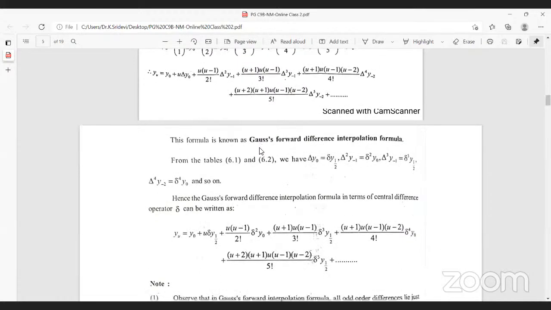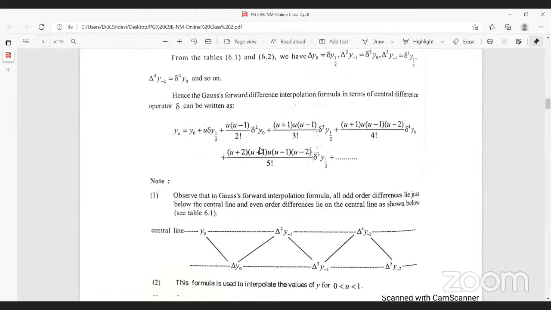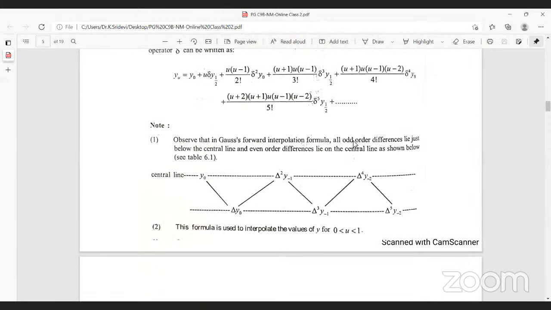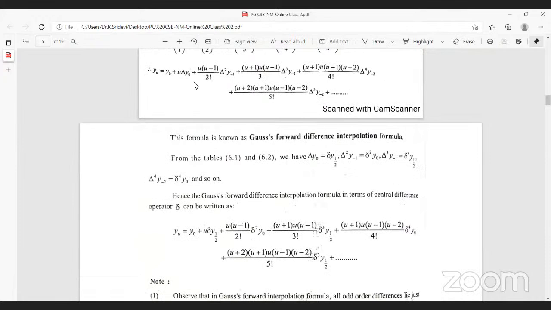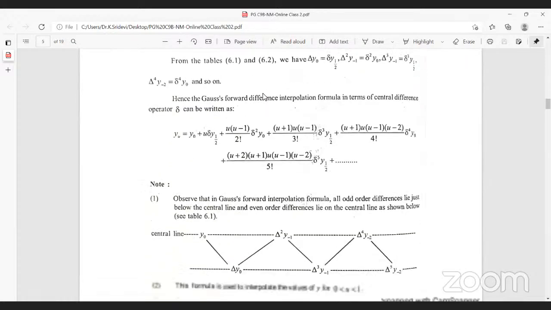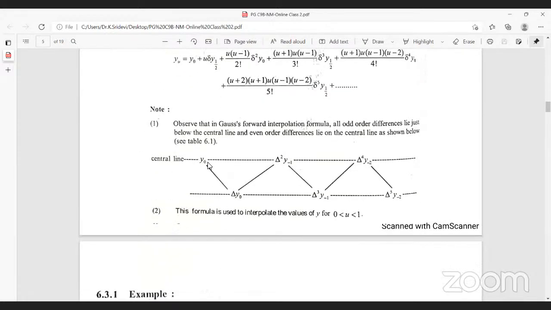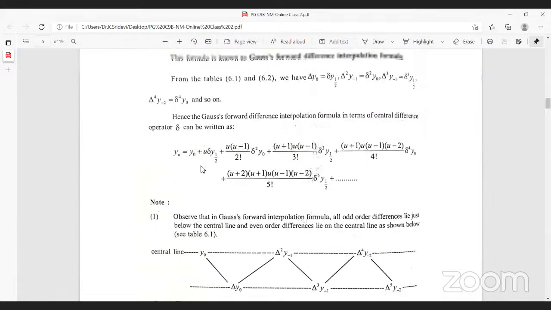Now, if you observe this formula, you can observe that Y naught is there, delta Y naught is there, delta square Y minus 1, delta cube Y minus 1, delta to the power 4 Y minus 2, like this. In the first term, Y naught is there.